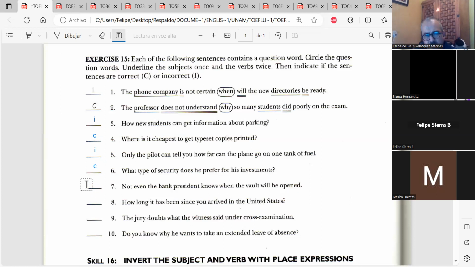Not even the bank president knows when the vault will be opened. It is correct. The linker, we have the subject and the verb. We have a subordinate clause. Okay, Blanca, so number 8.